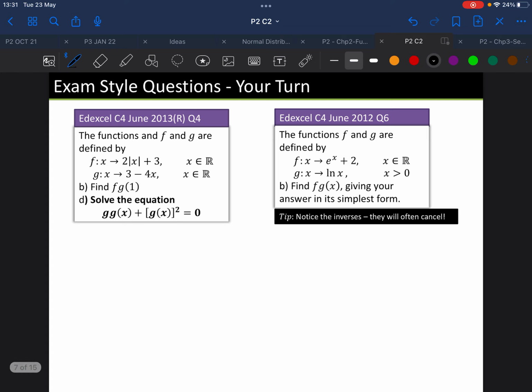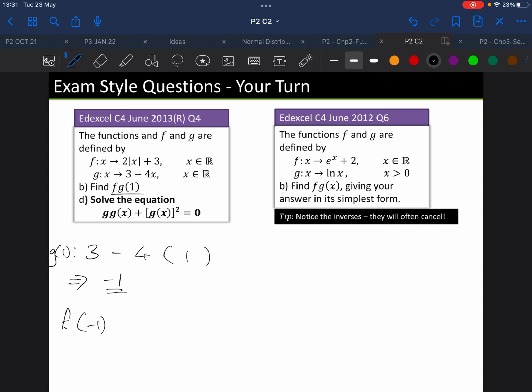So we've got some more exam style questions to have a go at. So find f of g of 1. So g of 1 just means write out the g rule and put 1 in. That's g of 1. So what is that? That's 3 minus 1. It's minus 1. Now put that result into the f rule.